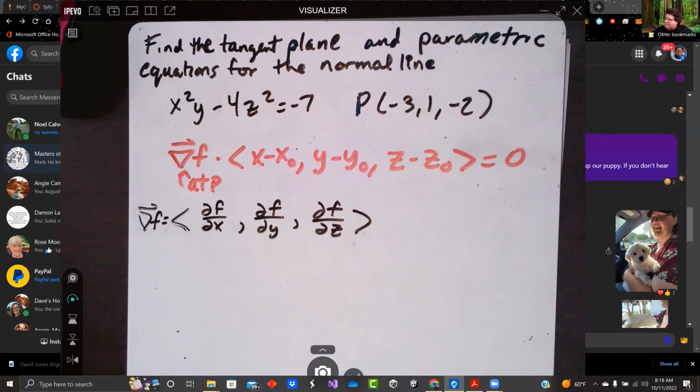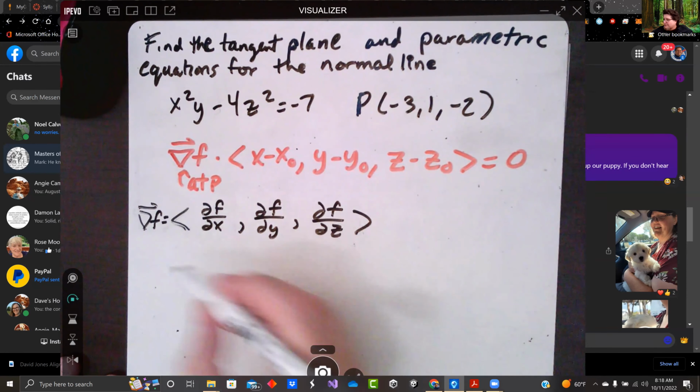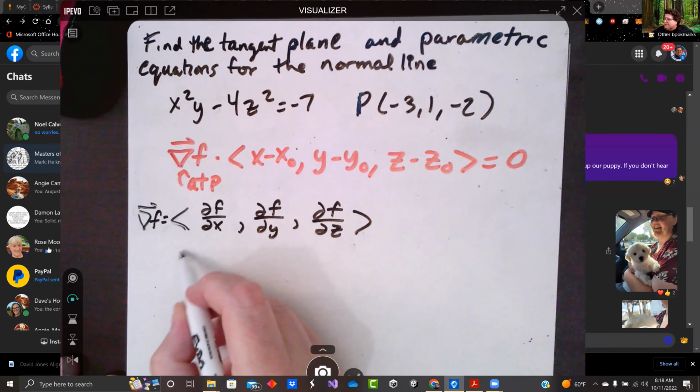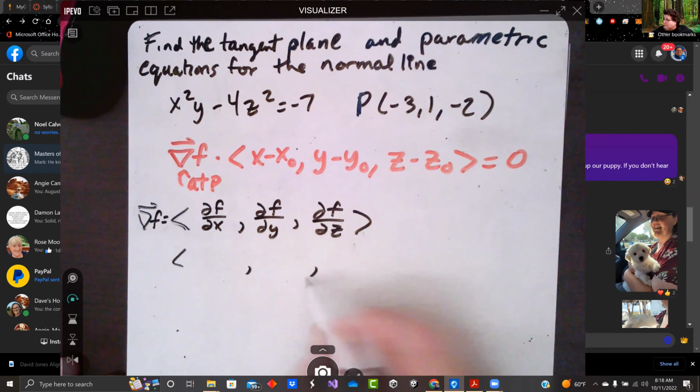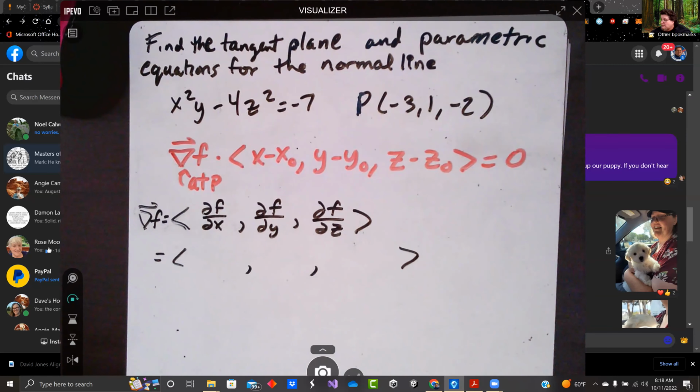So what is the gradient of f? Just variables at first. We can do variables first. What are the variables? x, y, z.